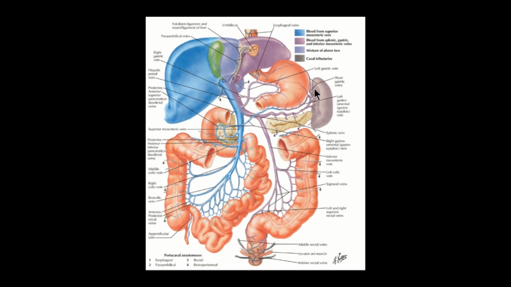You can see the splenic vein coming over here from the hilum of the spleen, and once it has received the inferior mesenteric venous blood, the splenic vein then combines with the superior mesenteric vein to form what is known as the portal vein. The portal vein then drains into the liver, and from the liver, hepatic veins are given off, and these eventually pour the venous blood into the IVC, the inferior vena cava.